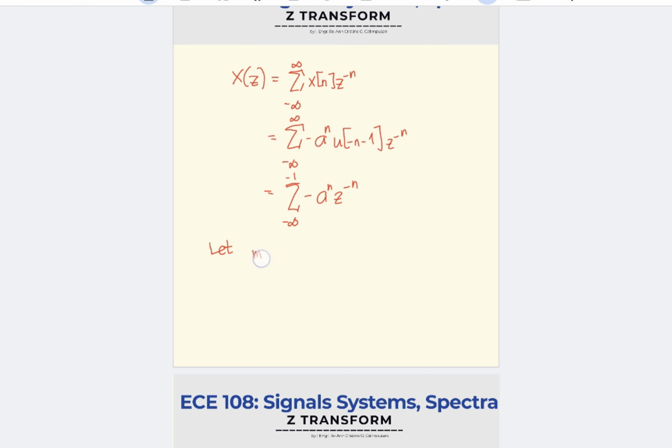So we let m is equal to negative n. Therefore, at n is equal to negative infinity, our m is equal to infinity, and at n is equal to negative 1, our m is equal to 1.